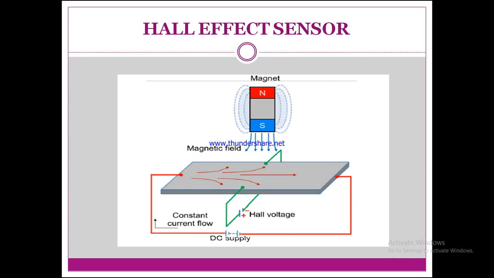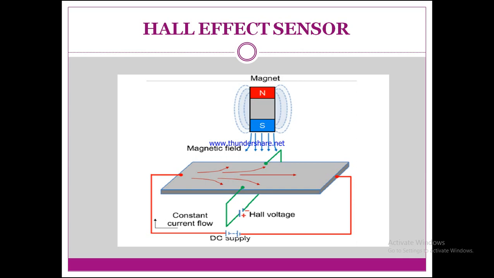As we see in this diagram, a simple electrical conducting plate is to be placed with the help of a DC power supply. The DC current flows through it.